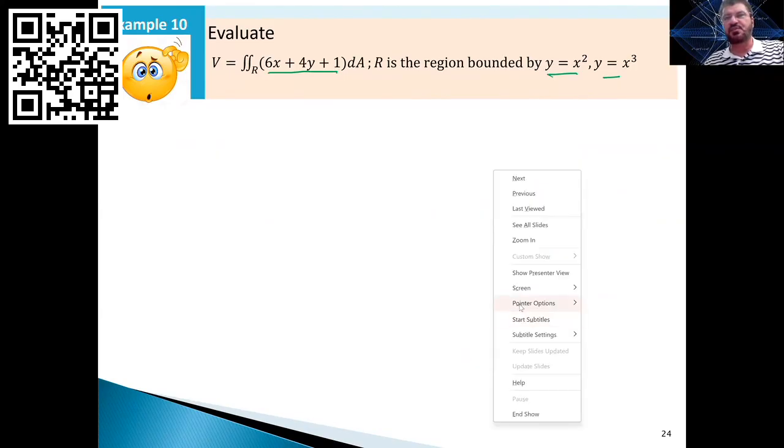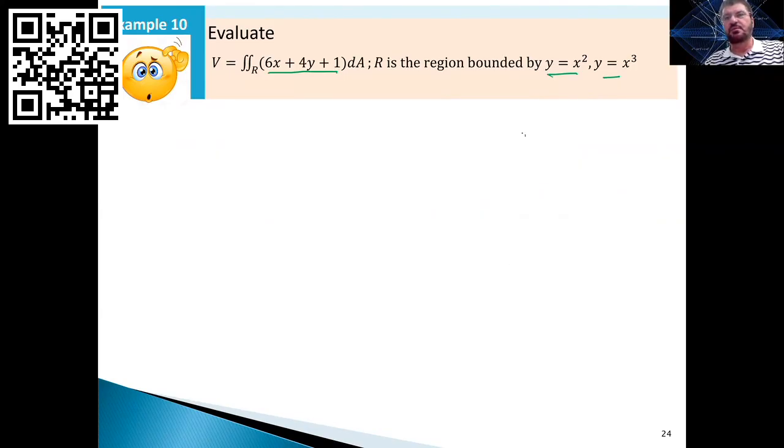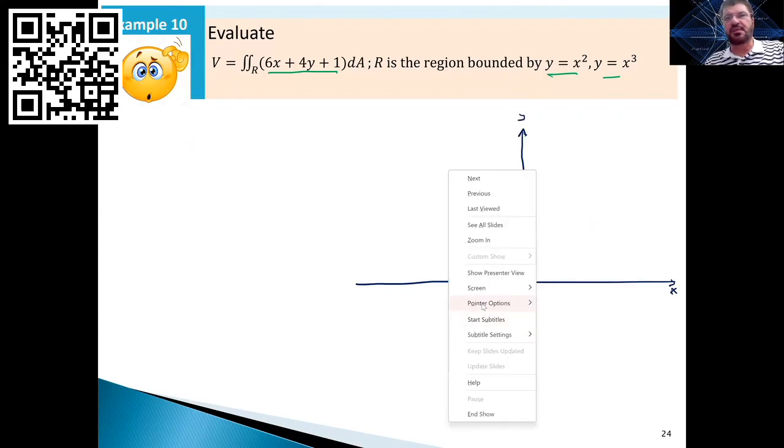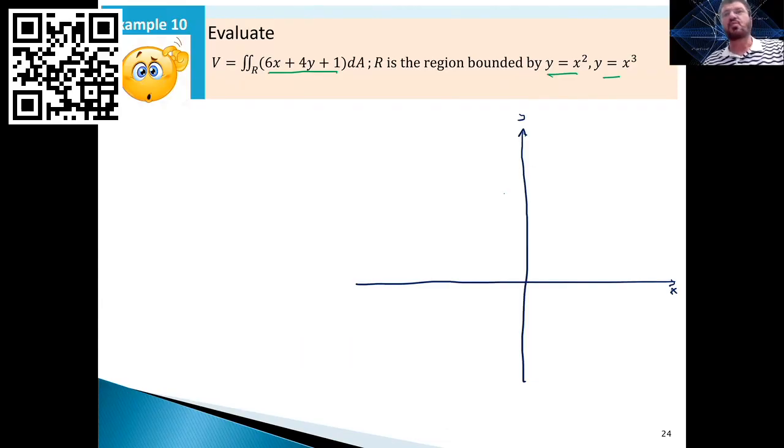So let's graph these two guys. As usual, we take the y-axis and the x-axis. All right, and then we start the graph. Y equal x squared, that's easy.